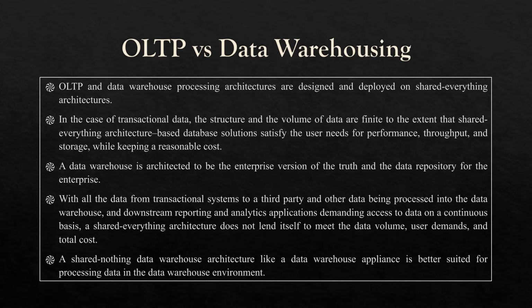It is used in the case of transactional data, where the structure and the volume of data are finite, to the extent that shared everything architecture based database solutions satisfy the user needs for performance, throughput, and storage while keeping a reasonable cost. It was already explained to you in the previous slide, where the data involving shared everything is only small data, and that means the volume is finite.